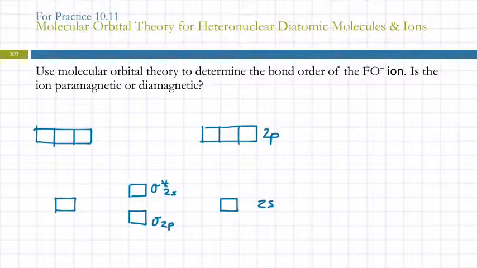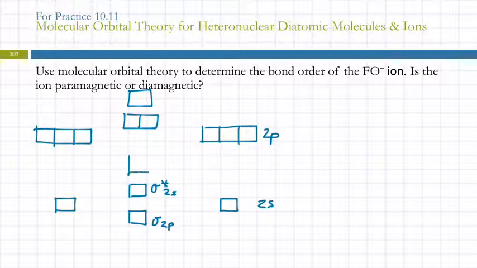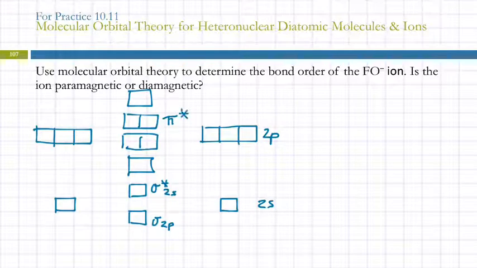What's the order of them going to be? Do we have to be careful now? Yeah, this is oxygen. Be careful now. So we've got our nice symmetrical arrangement with the pi's in the middle and the sigmas on the outside.